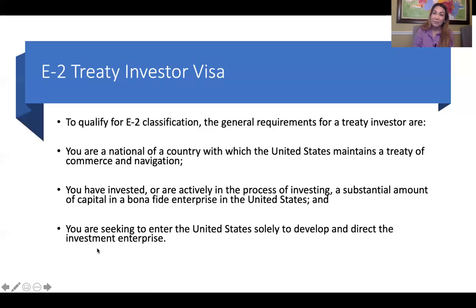Another good thing is that your spouse and children below 21 years old can be derivative E-2 visa holders. They can also obtain employment authorization documents, and your children can of course go to school here in the United States. There are so many good things with the E-2 investor visa. Plus, the main thing is that you can legally work for your business.